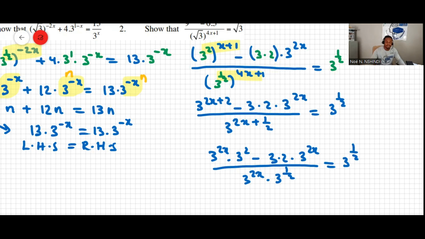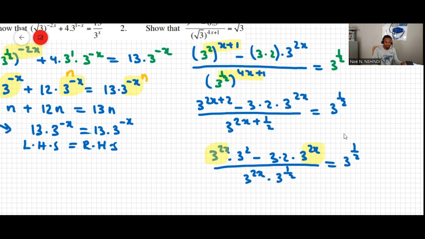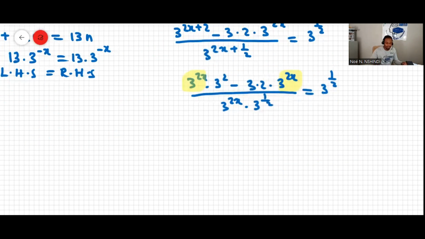Now, note that we have 3 to the 2x in each term. We can take it as a common factor. So this will be 3 to the 2x as the common factor.